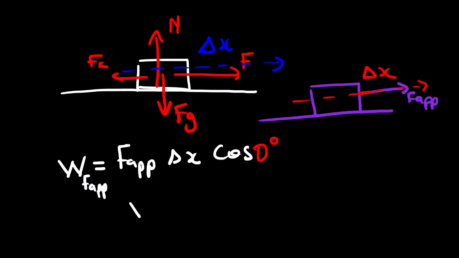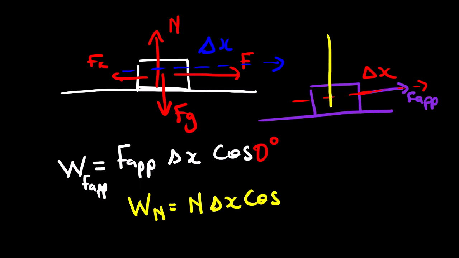Let us take a look at the work done by the normal force. Know that this will be our normal force. Let us figure out the angle between the displacement and the normal force. If we put our normal force here, you can see that the angle between the displacement and the normal force is actually 90 degrees.